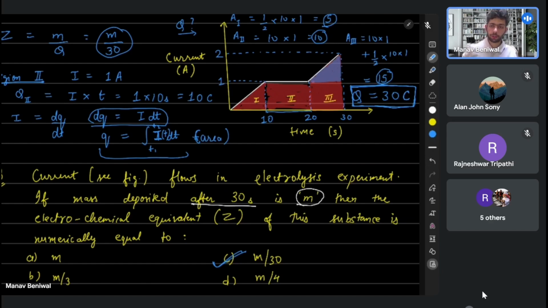Do you guys want me to show you how to calculate the charge by integration in this case? If not, then we can move to the next question. If you are comfortable with this, please tell me, we can proceed further. Otherwise, I can explain it once again.